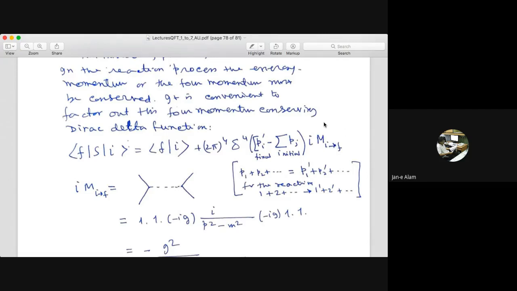Now if I know this M, then I can calculate the cross section. Let me show you.